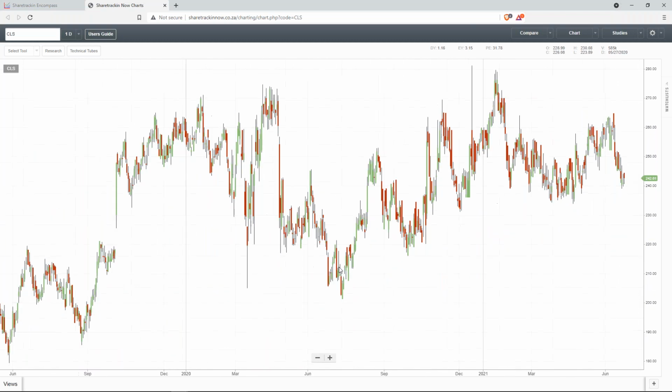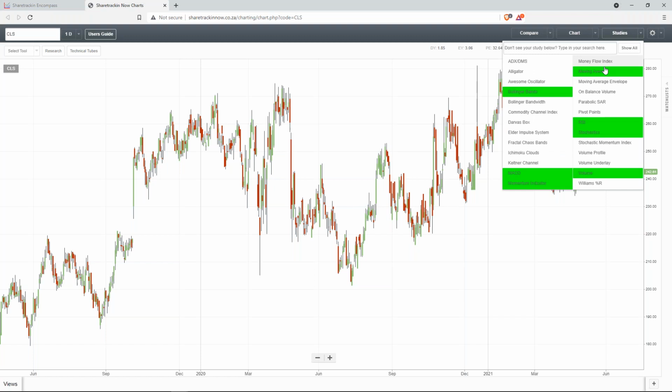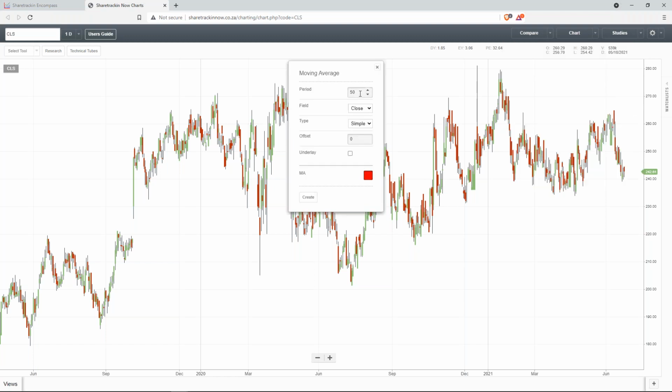But before we do that, first, on top of the candle chart, we're going to add a moving average. The moving average is an average that it works out on top of your pricing.